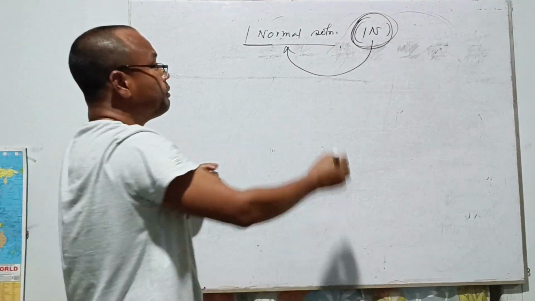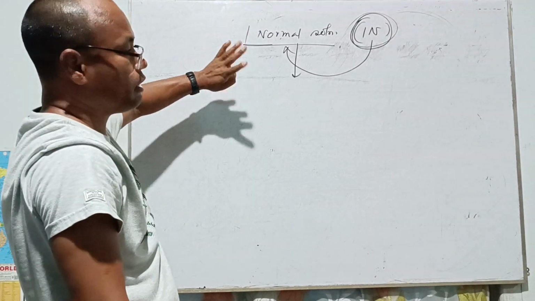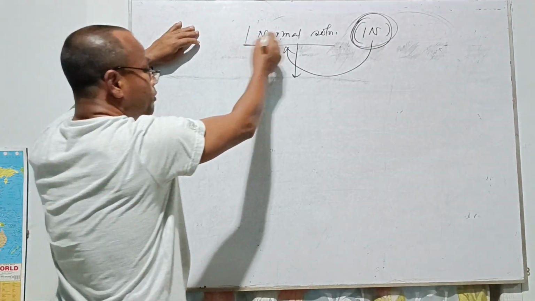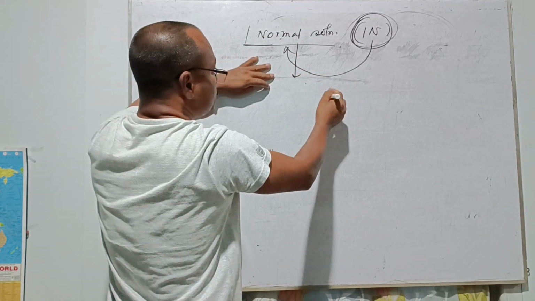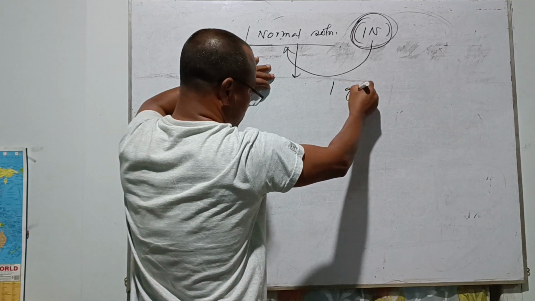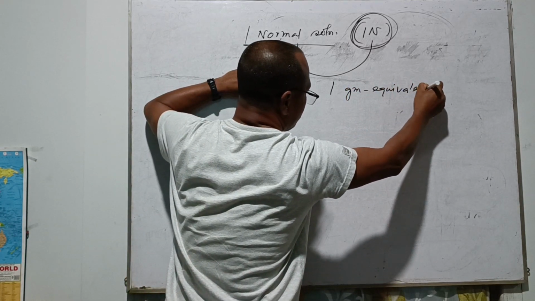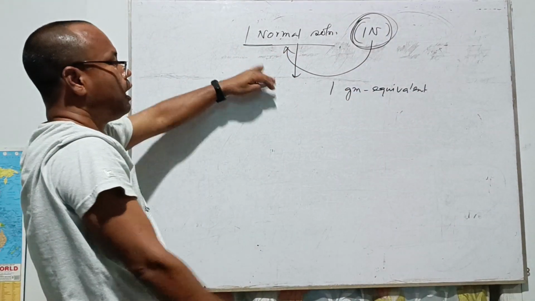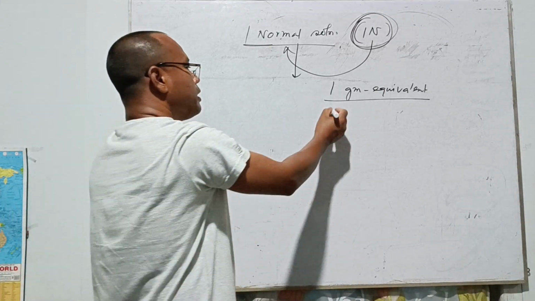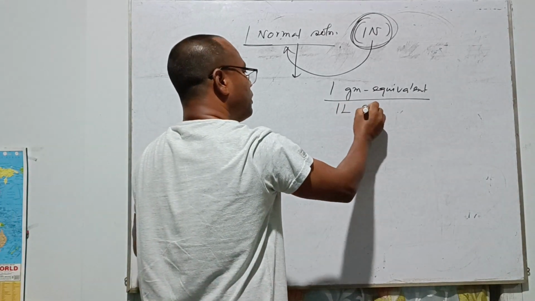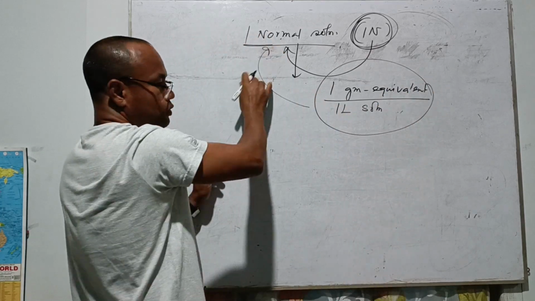What do we mean by one normal solution? Remember the definition: 1 gram equivalent of the solute present in 1 liter of the solution. This type of solution we call a one normal solution.